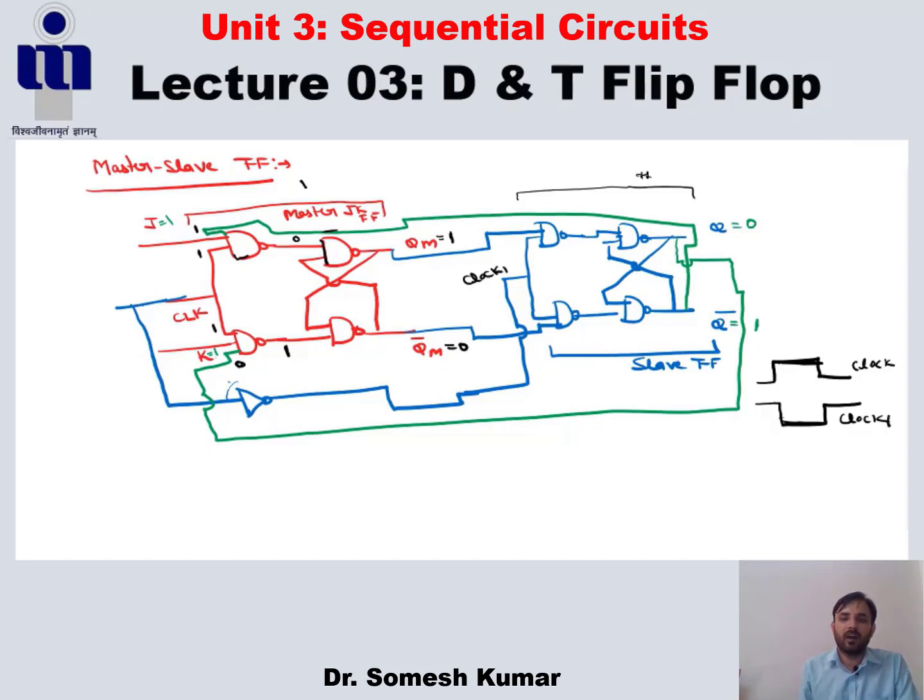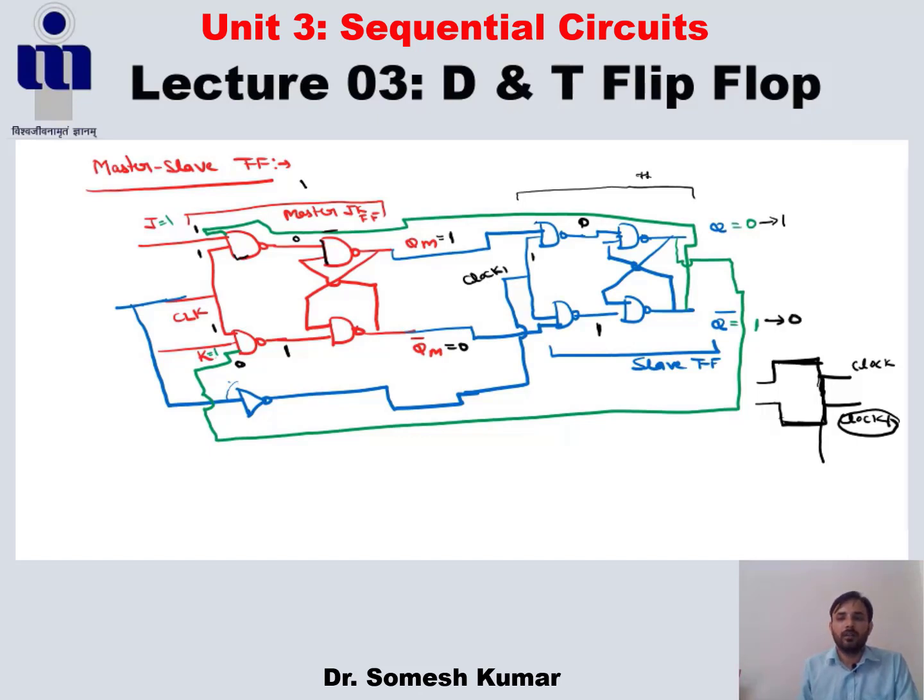So what happens after this clock? After here, this clock becomes 1. So after that, this 1 is given here and this clock also becomes 1, and after that it becomes 0 here, and it becomes 1 here, and the output changes from 0 to 1 and 1 to 0.